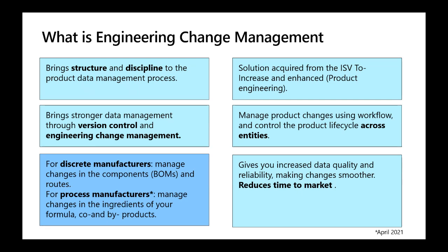The process manufacturing part is coming in April 2021. It's not something that is there at the moment, but you should expect it soon. Apart from these main changes, you can also keep track of smaller changes, such as quantity of components or attributes.